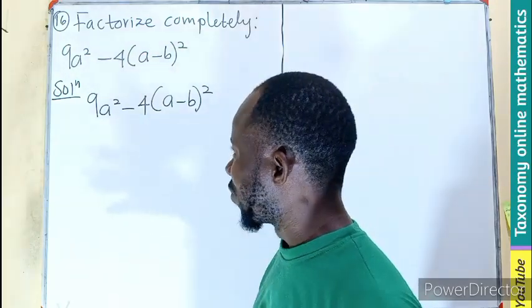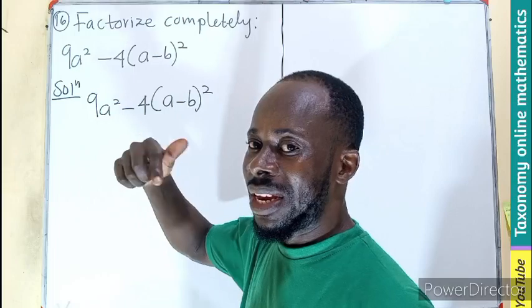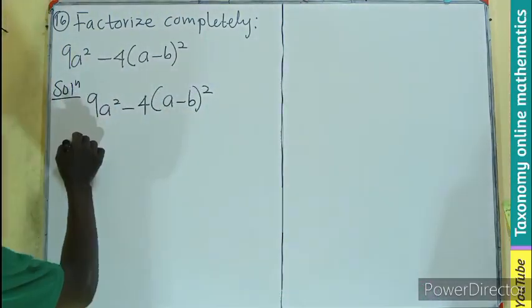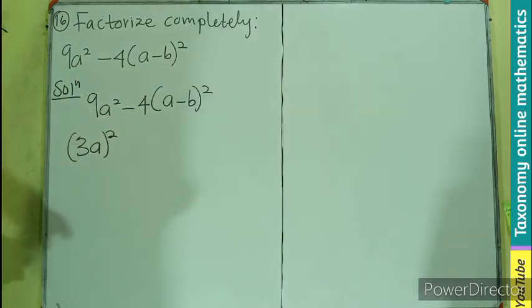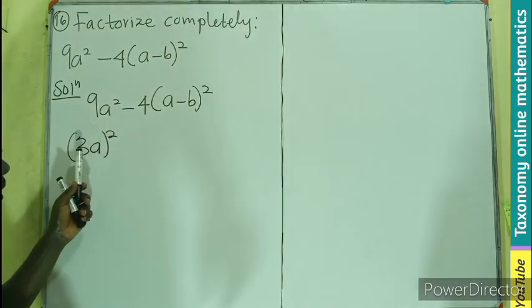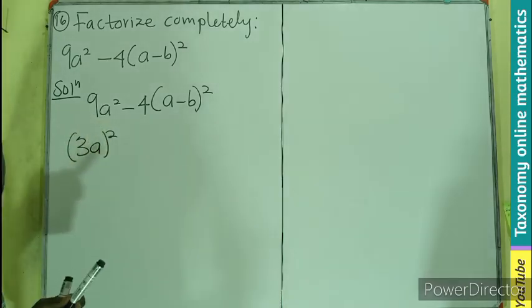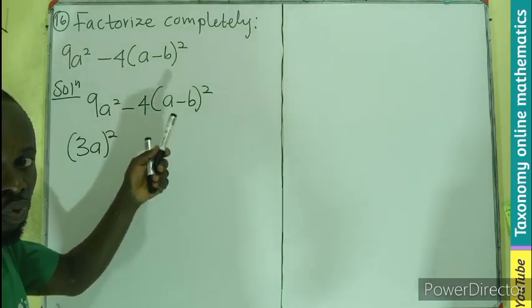So the best way is to look at it with a different eye, looking at the 9 being 3 times 3, meaning 3 squared. So I can rewrite this as 3a all squared, which means the same thing. 3 squared, 9. A squared, a squared. Similarly, I can also see 4 to be 2 squared.